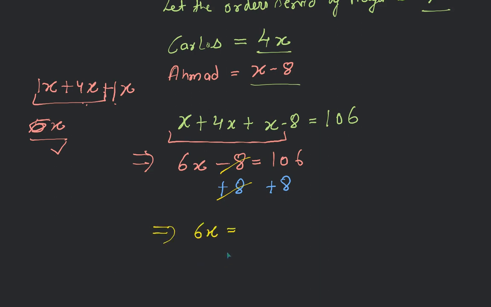What we do on one side of the equation, we need to do on the other side as well. Adding any number to both sides of an equation is known as the addition property of equality. Whatever we add, we do it to both sides. So how much is 106 plus 8?